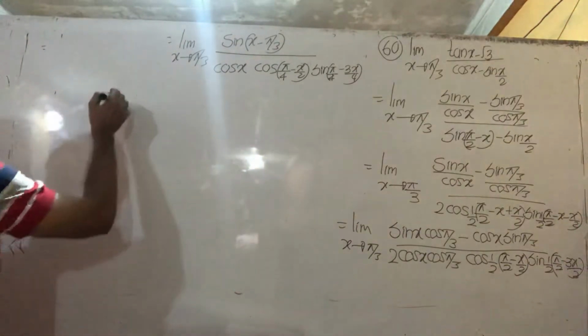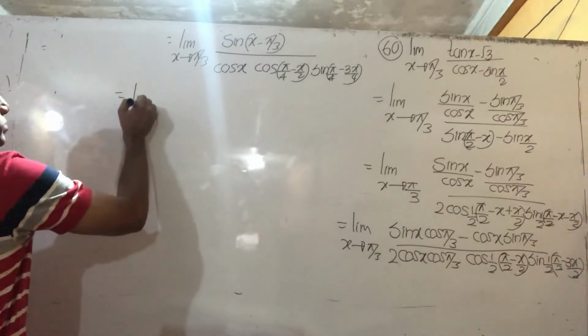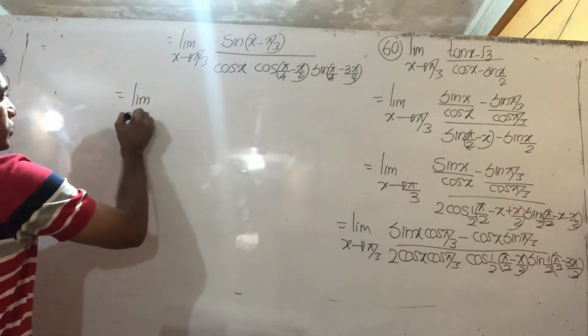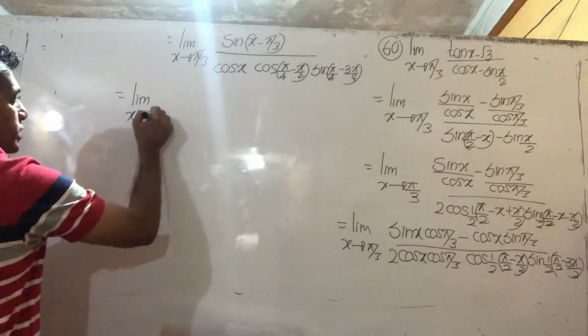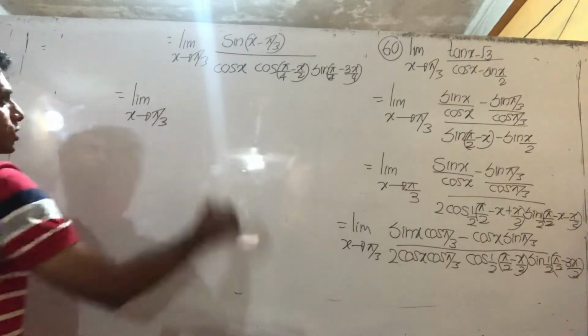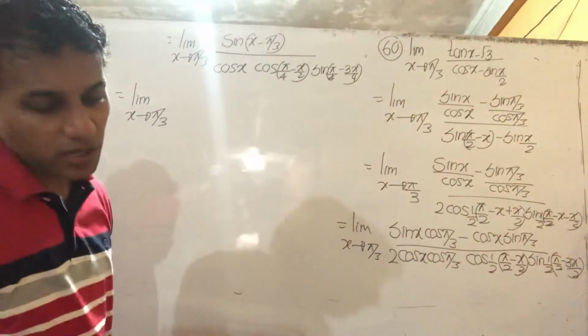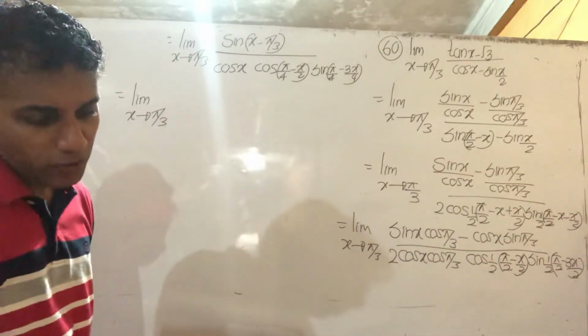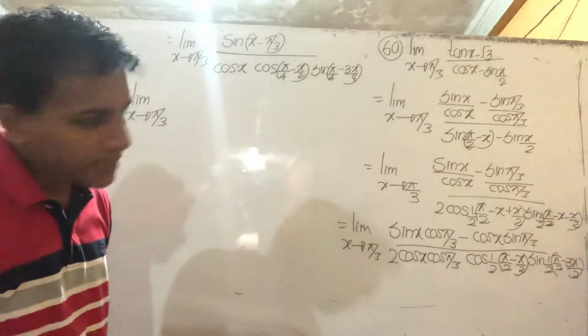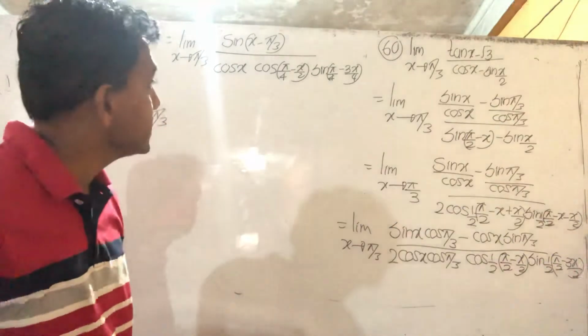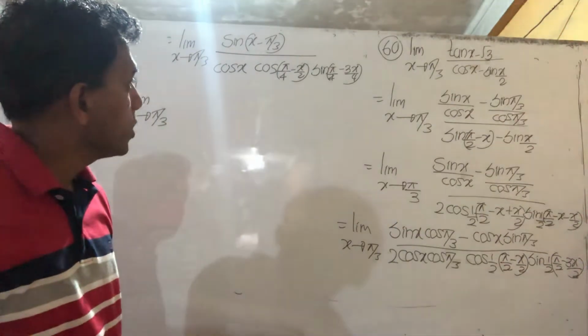Okay, now what? Limit. Still this is one of the meaningless patterns, right? X tends to pi by 3, no problem. This is no problem. Cos 60 is half. Therefore, now we rearrange into the general pattern of sine theta over theta.